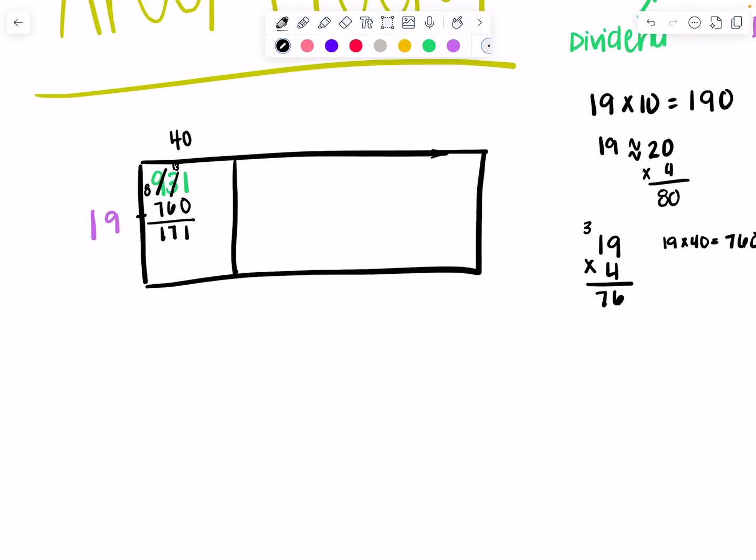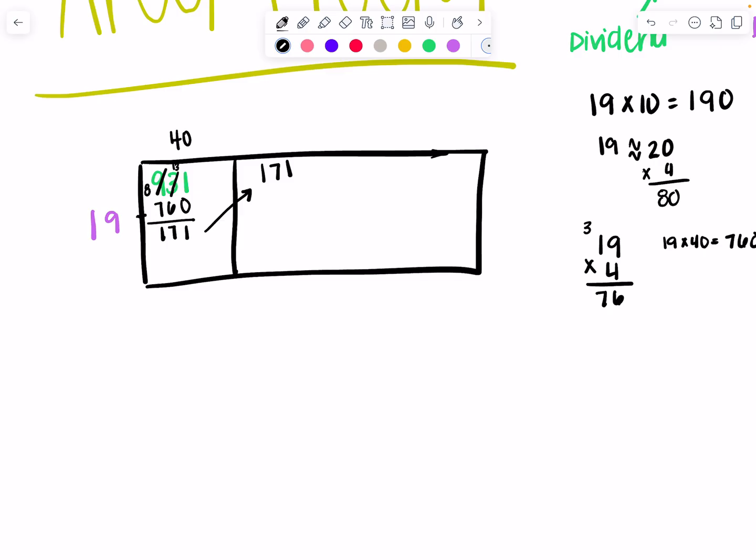Okay, now, looking at my leftover, my difference, I'm going to carry it over, and I know that 19 is approximately 20. I know 19 times 4 is 76. And I'm looking at 170.